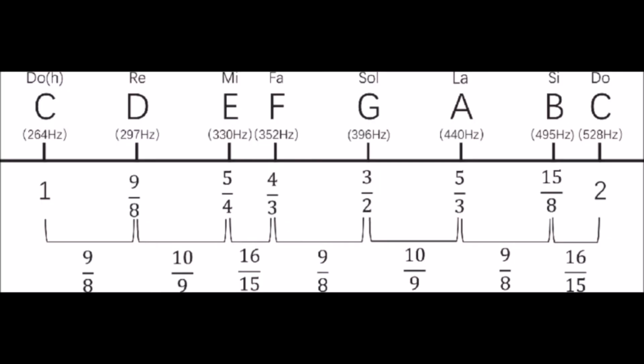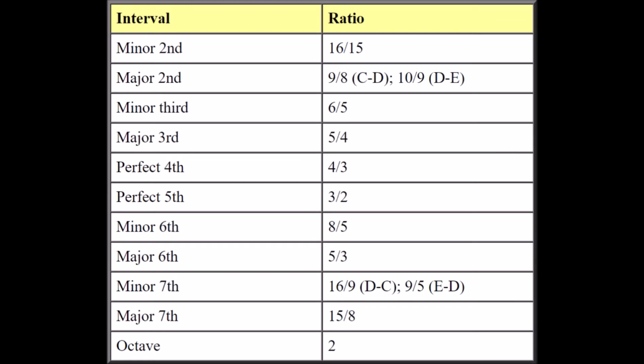These intervals are also expressed as small integer ratios and represent notes on a scale, as seen here, for example. These ratios are described as intervals that are known as perfect, minor, and major, as seen in this table.